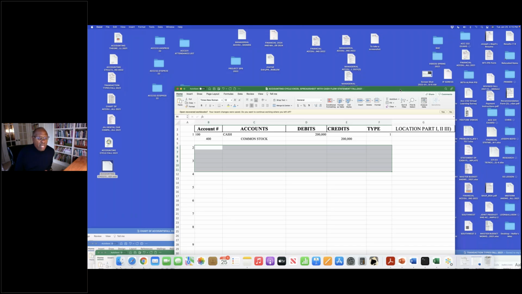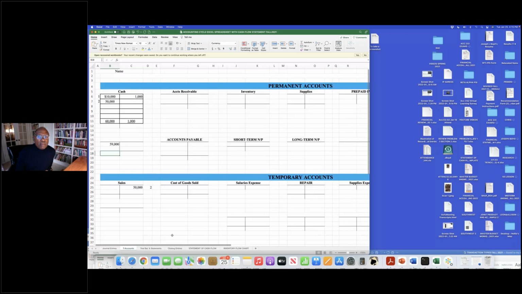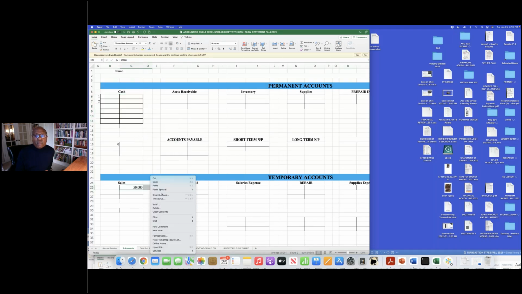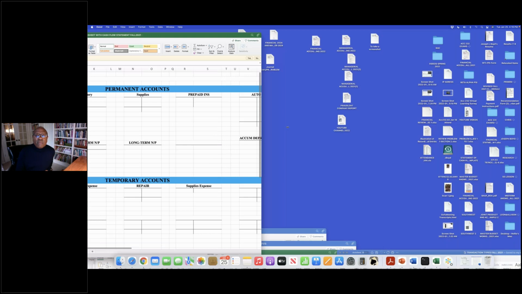Now the second thing we're going to do is post it to the T accounts. So let me clear these out. And you should be pulling up this T account spreadsheet and working with me.